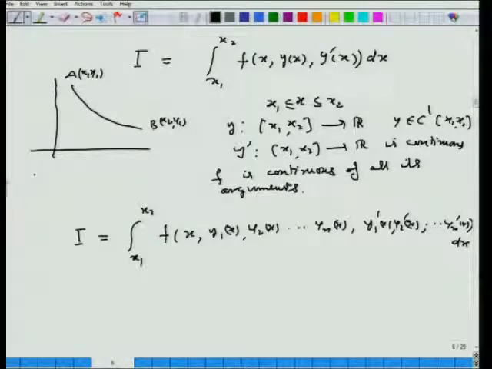So that means if y joins these, this y at x1 should be y1.